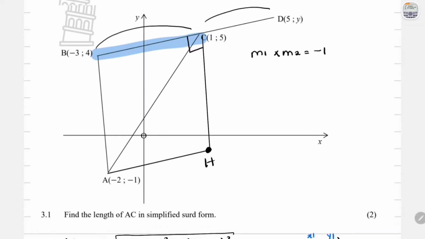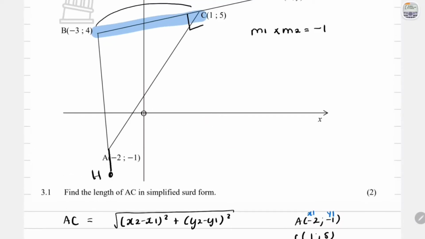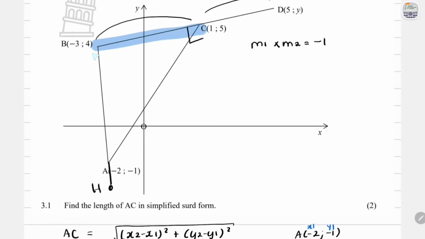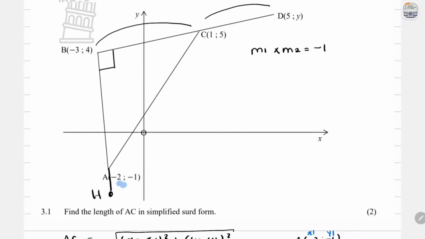I guess AH could be this, or it could be extended here as AH, and then it is perpendicular to BC. Okay, that actually seems like what they meant. I feel like they should have just said find the equation of this, because making it AH doesn't really make sense.